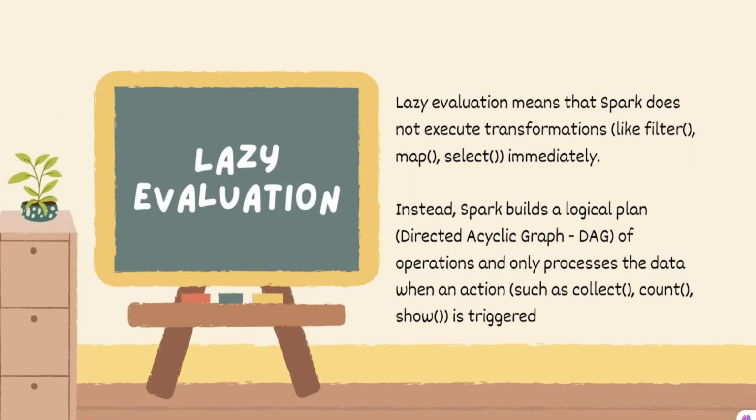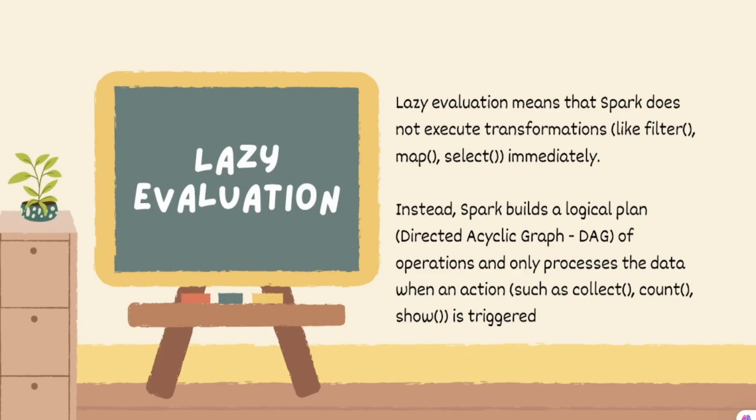So, let's start by defining what lazy evaluation in PySpark actually means. Lazy evaluation means Spark does not execute the transformation immediately. Instead, it builds the logical plan of operations called a directed acyclic graph, that we commonly know as DAG.